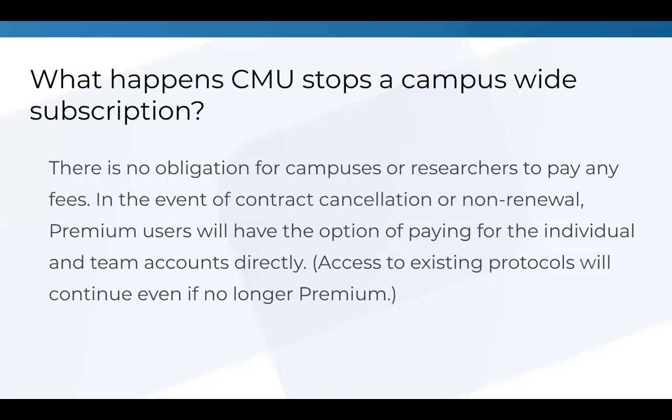And in the event of contract cancellation, so if CMU does not renew the license, the premium users will have the option of paying the individual and team accounts directly. And the access to existing protocols will continue even if no longer premium.